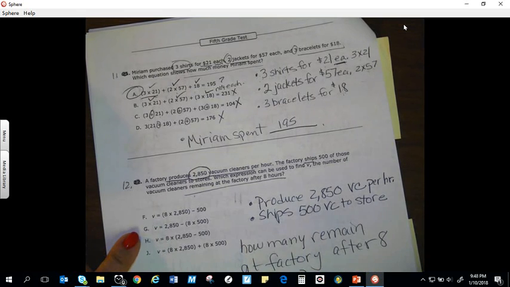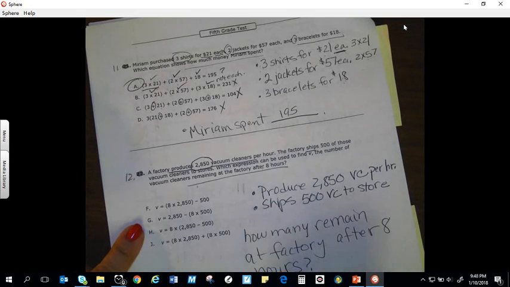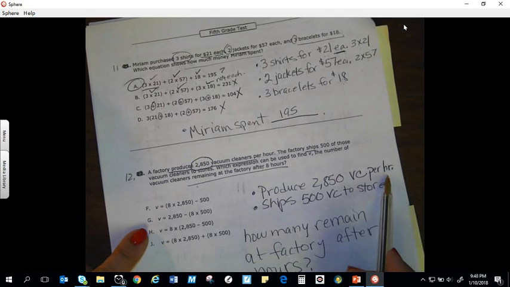Okay? All right, now we're looking for V. And we'll change that. After 8 hours, blank vacuums remain. So this is how much they produce per hour.